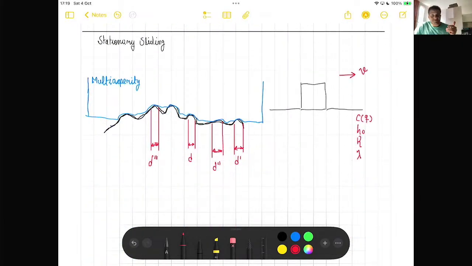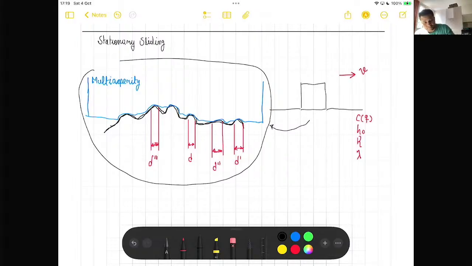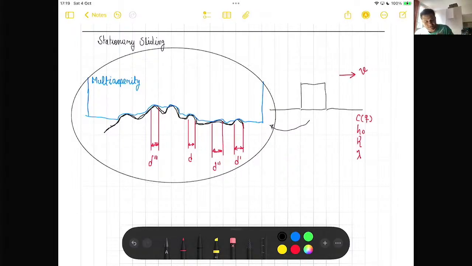Okay, we have these parameters describing the surface, and here we have the zoom of the contact.